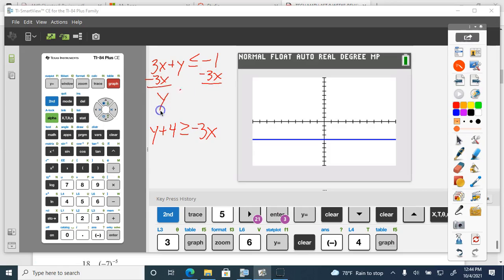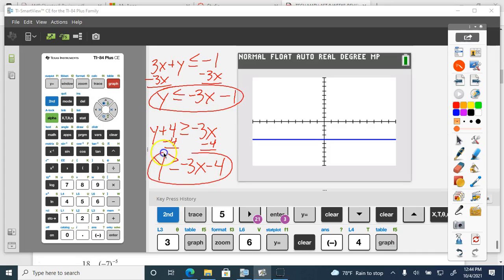So we'll have y less than or equal to negative 3x minus 1. This one, we're going to subtract 4 over, and we'll have y is greater than or equal to negative 3x minus 4. These are what you put in your calculator.